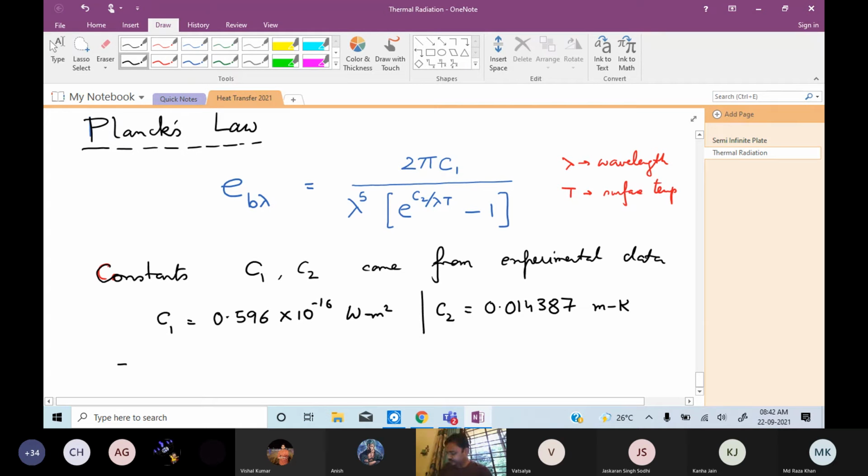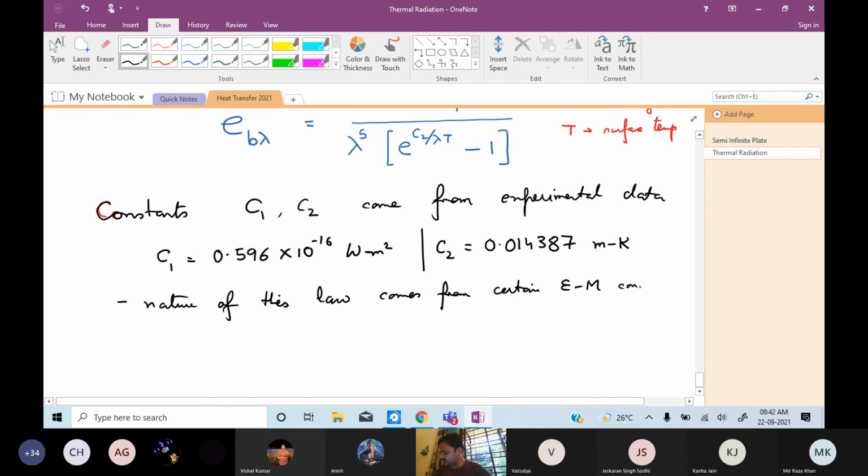Now, the nature of this law comes from certain electromagnetic considerations, which, honestly, I also don't know, and are not required for this course.